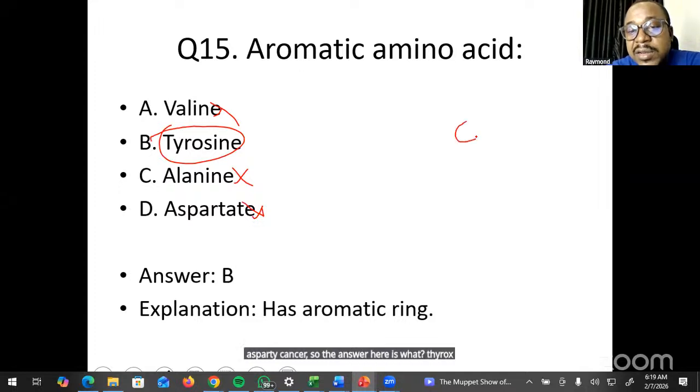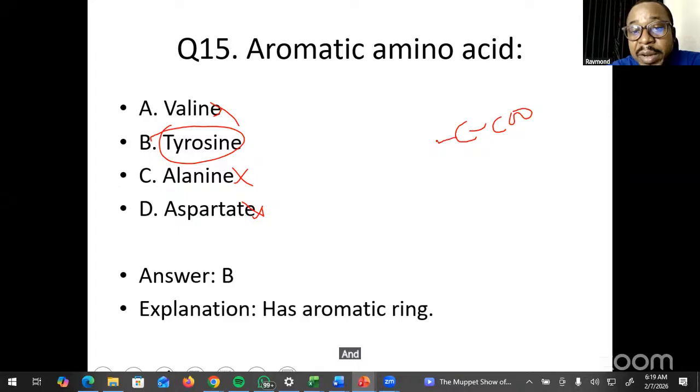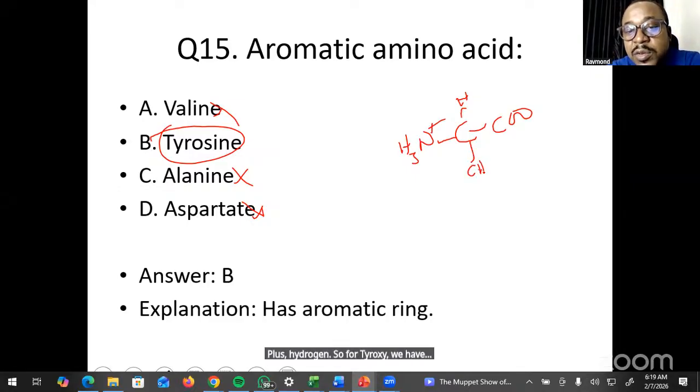Tyrosine. Tyrosine contains an aromatic ring, NH3 plus, hydrogen. So for tyrosine, we have CH2, then we have a benzene ring.